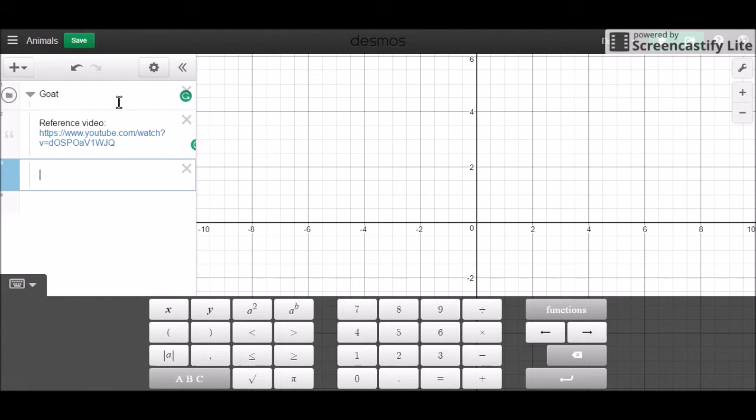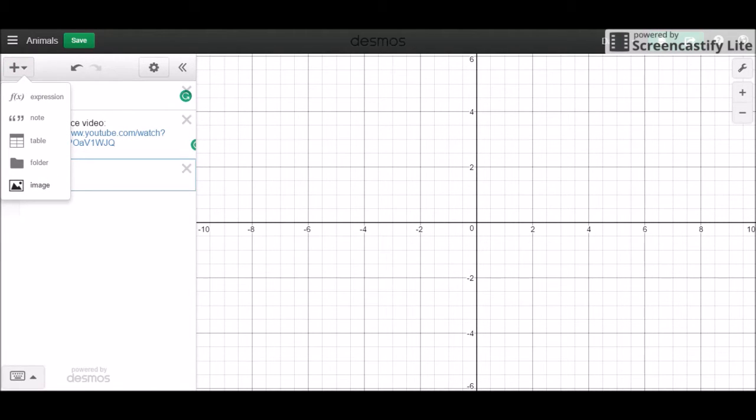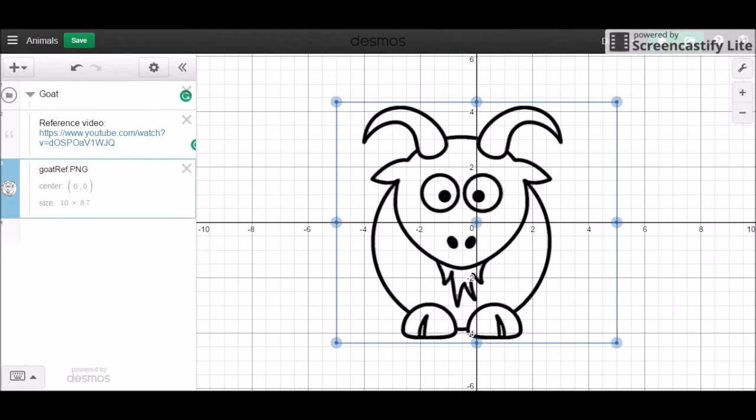I can't quite reference it right off the bat, so I had to screenshot it, and now I feel obligated to give this video maker credit. So that's this video. And if you didn't know, you can pull reference images from your own computer and put them right where you want it.